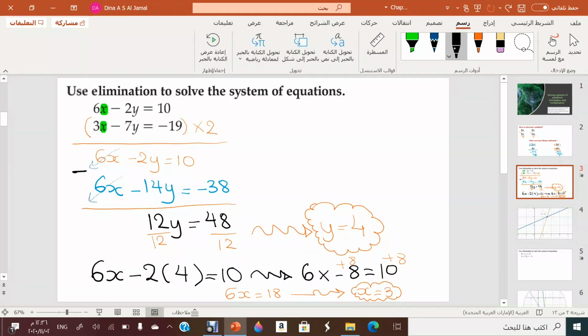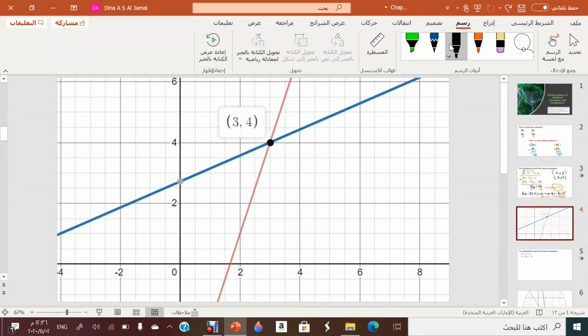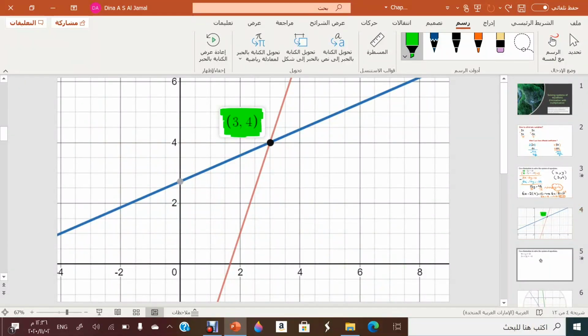In general, whenever you write your answer, it should be as a coordinate point, x and y. So, 3 and 4. That's it. Now, if you would like to check using graphing, it will be consistent, independent, and exactly one solution.